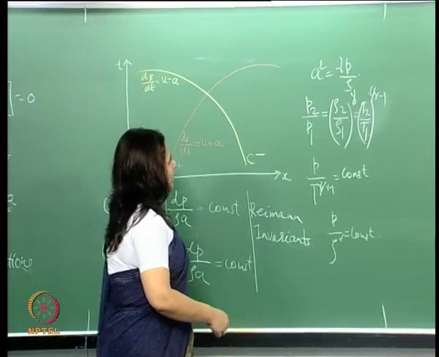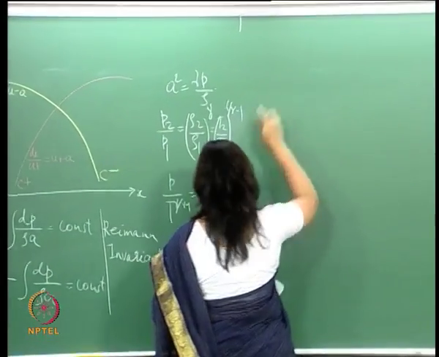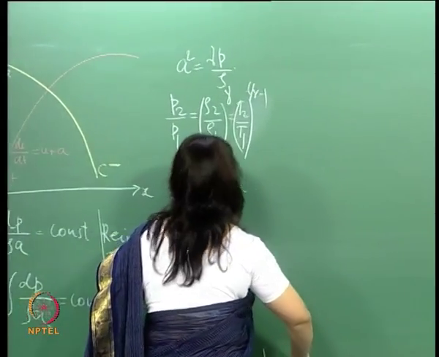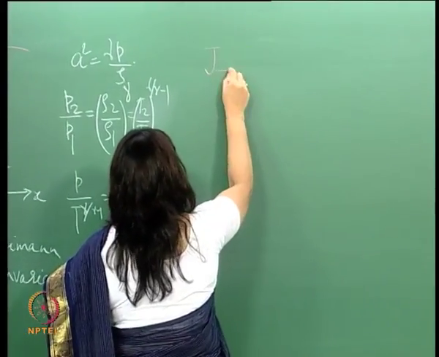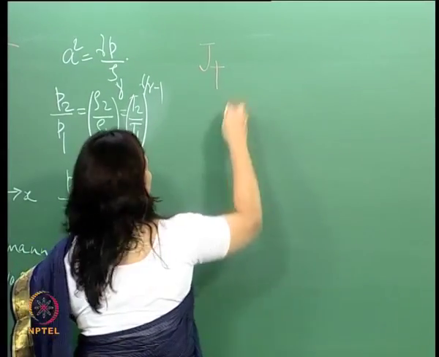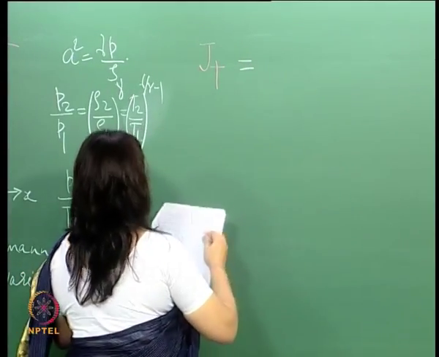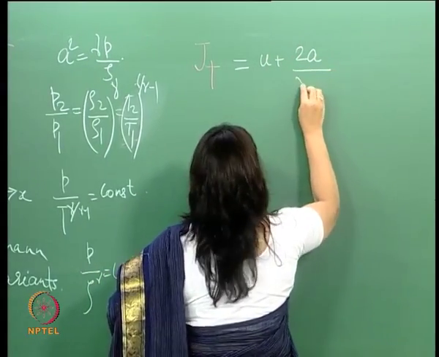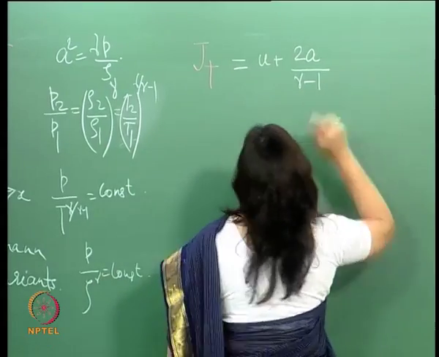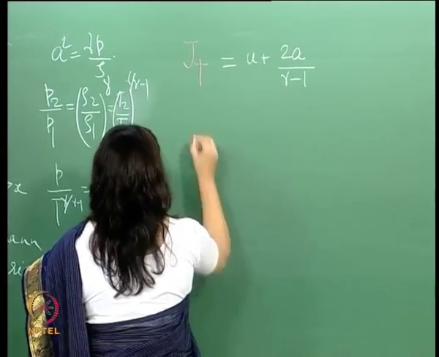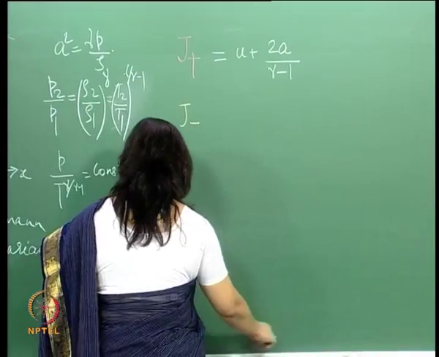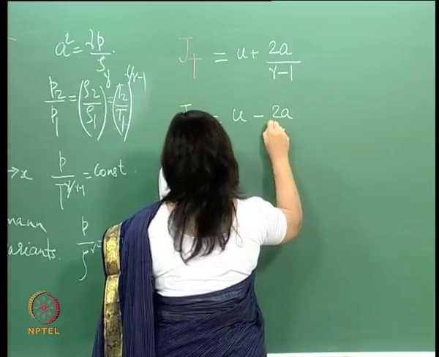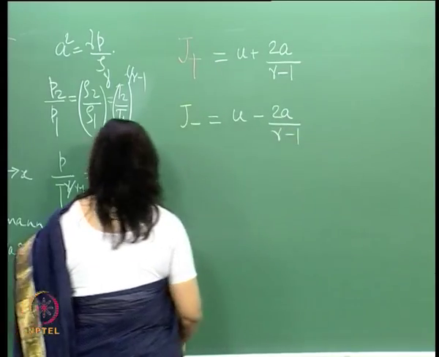So basically then what happens is that J plus becomes this, and J minus this.